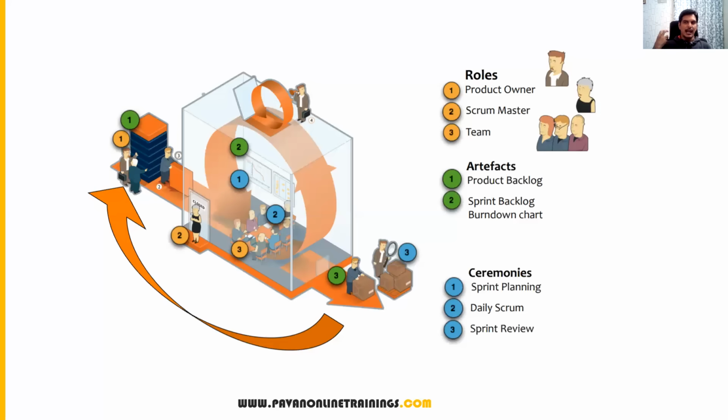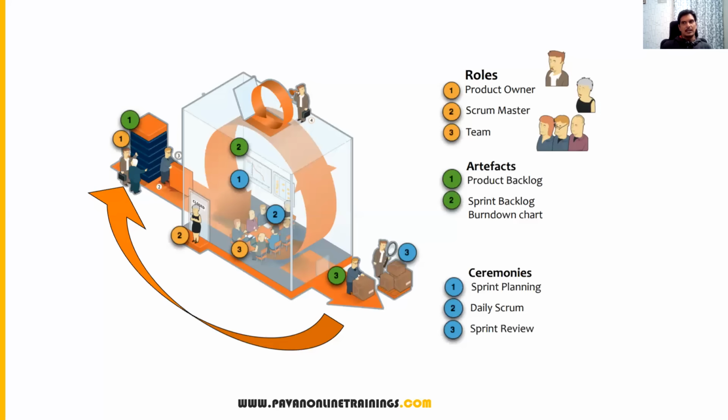And what are the artifacts we have in agile? Product backlog and sprint backlog. What is the difference? The product backlog contains all the requirements, all the stories written by the product owner. A sprint backlog contains a specific number of stories committed by developers and QA, which are ready for development and testing.